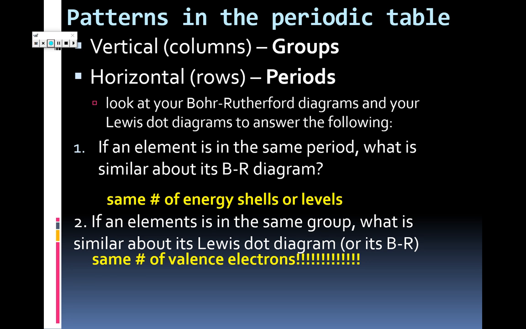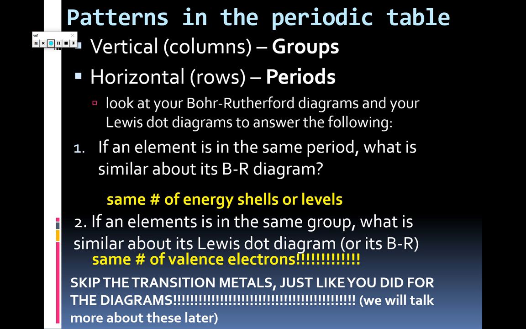And then the one thing is, we are going to skip the transition metals. When we talk about transition metals and why we don't count their columns to find the number of valence electrons, we're going to look at their strange electronic structure. Like I said, number 21 is the first transition metal, scandium.